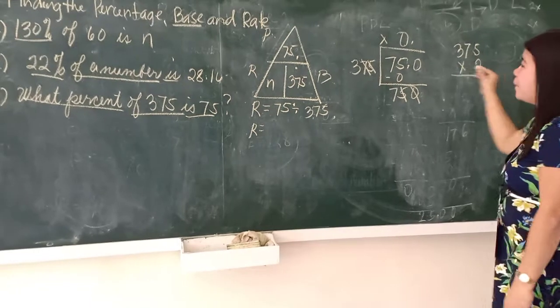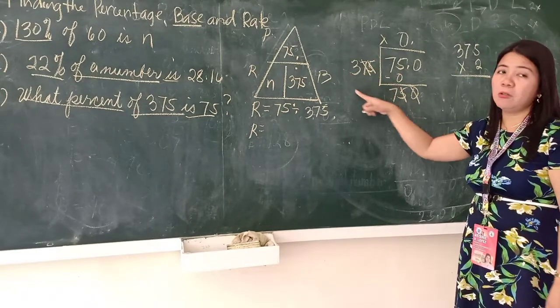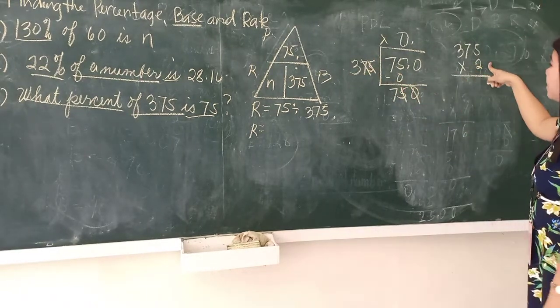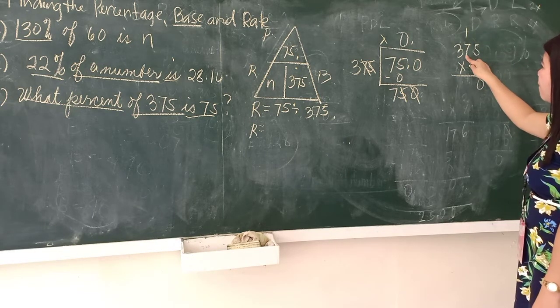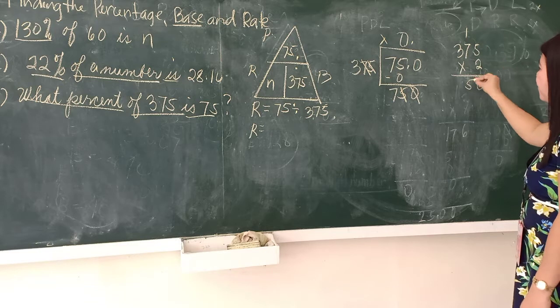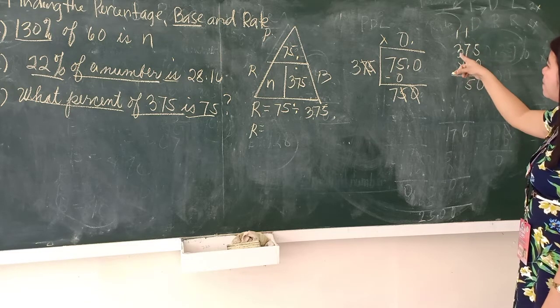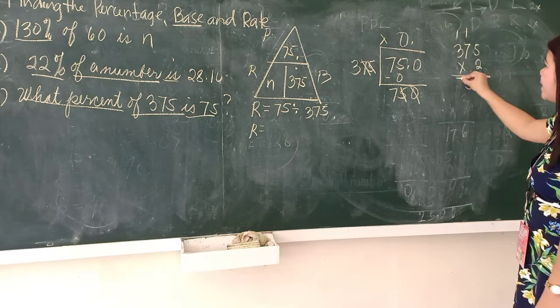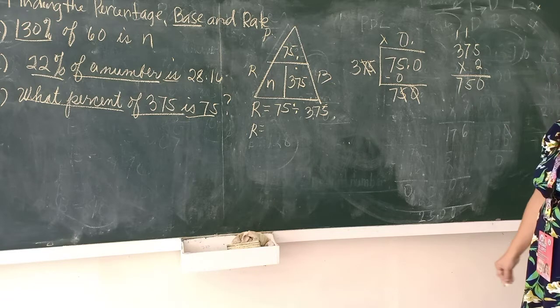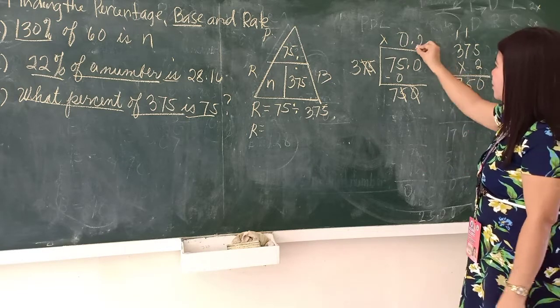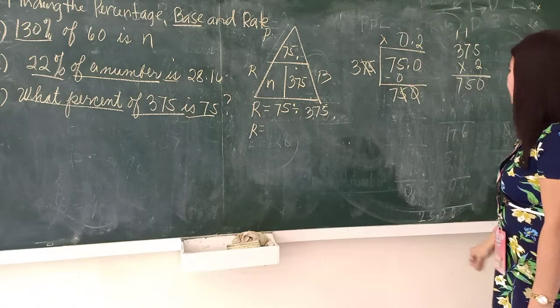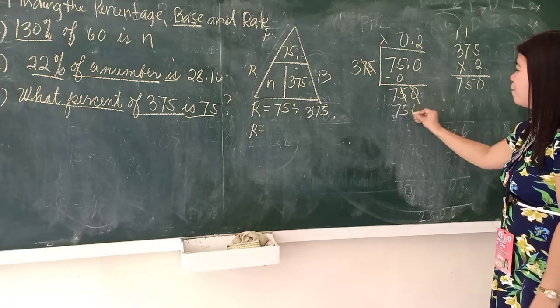Pero kung mag-multiply ka mo, children, i-multiply nyo na ang bilog yung divisor. 375 times 2. 5 times 2 is 10. 2 times 7 is 14. Plus 1, 15. Carry 1. 2 times 3 is 6. Plus 1 is 7. 750. Saktong din. 2. Swak na swak equal. So, 2 times 375 is 750.